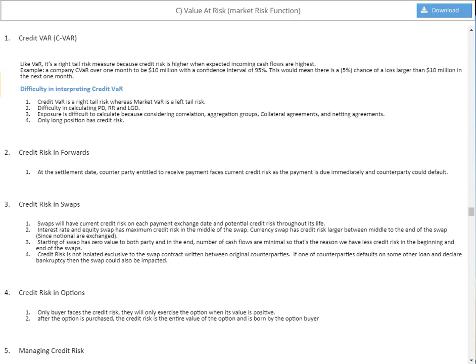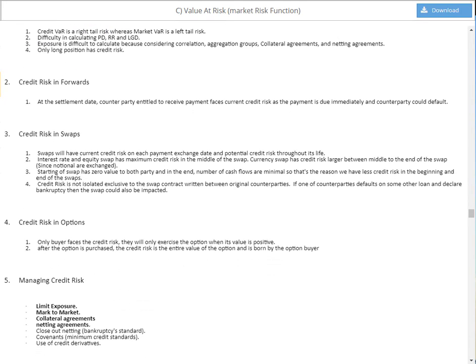Managing credit risk: there are various ways to manage it. Limit exposure, which we just talked about in the previous section. Mark to market: exposures are periodically marked to market and netted. Collateral management: collateral is a way to reduce credit risk.